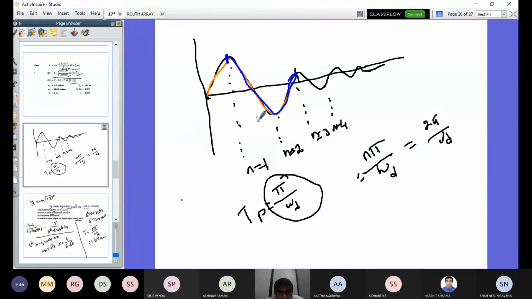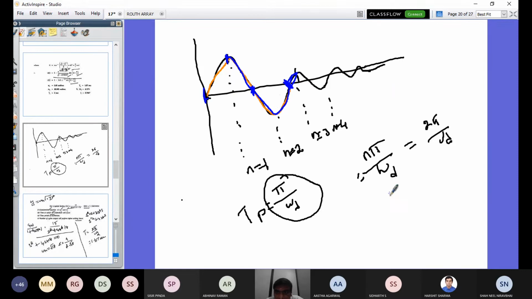Three peaks. No, you can see here to here, otherwise here to here we can call it pi actually. Here to here again one more pi, so here to here 2 pi. Are you able to follow? So here to here it should be 2 pi.